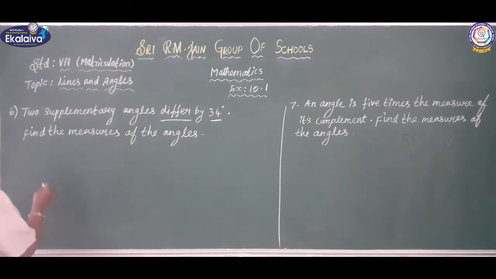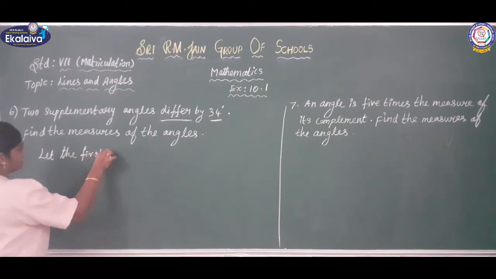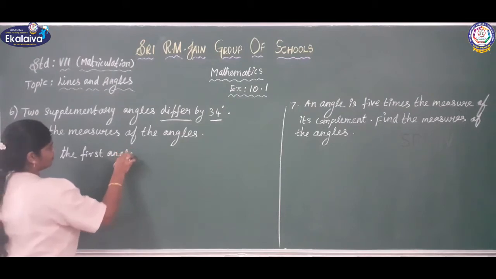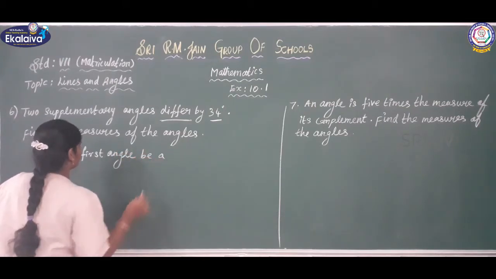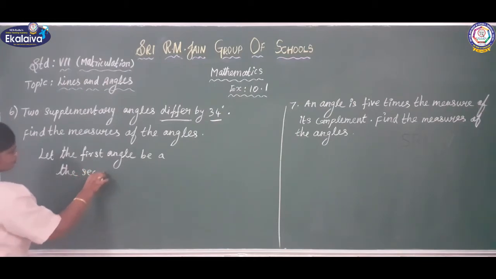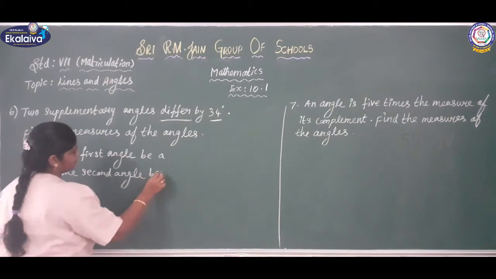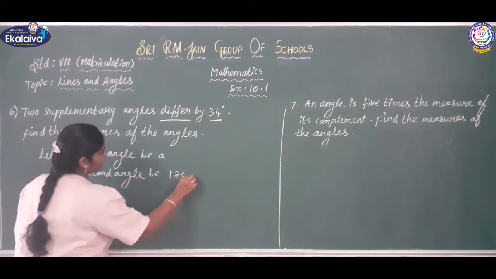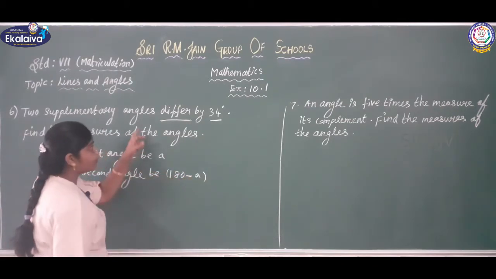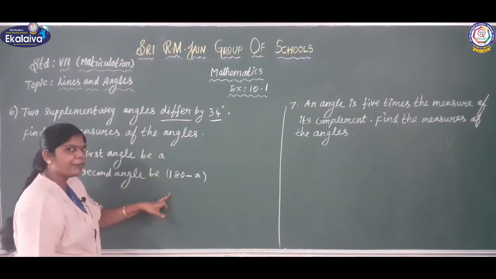Okay. See here, let the first angle be A. The second angle be 180 minus A, because supplementary angle they told. If one angle is given, how do you find the second angle?